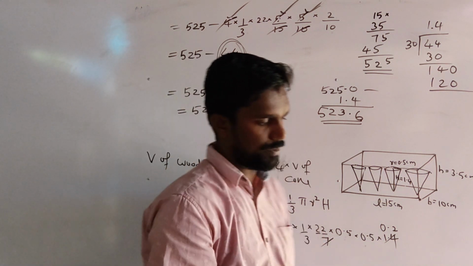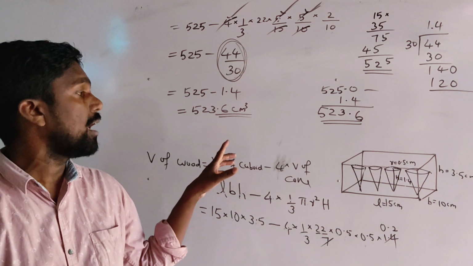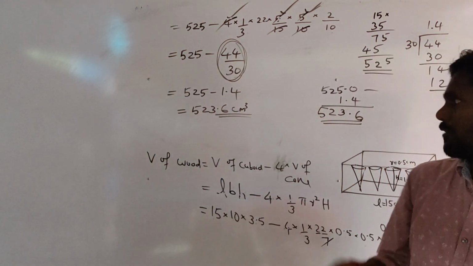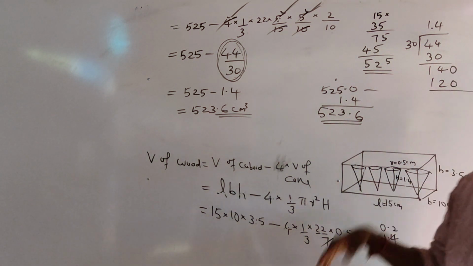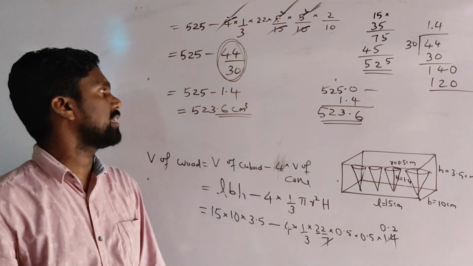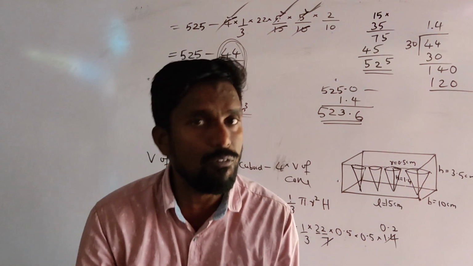So volume of the wood is equal to 523.6. If you want, you can do the calculation one more digit. So the final answer is 523.6 centimeter cube. This is the volume of wood.